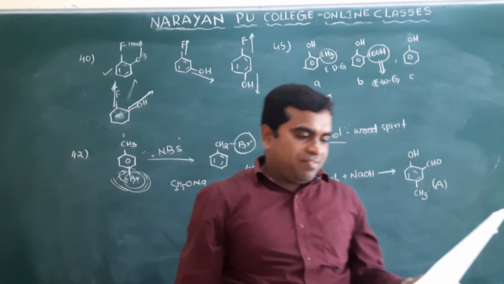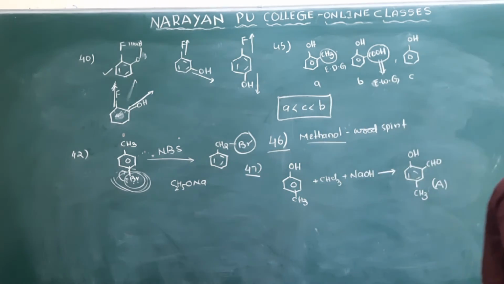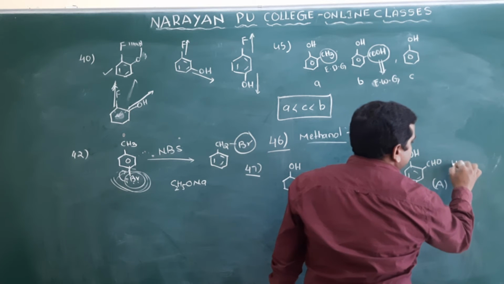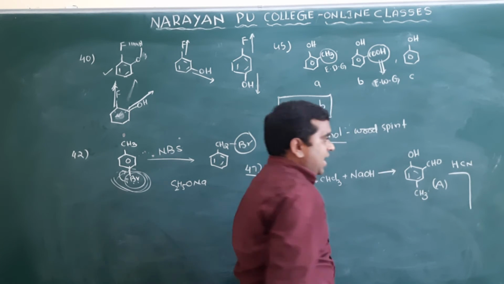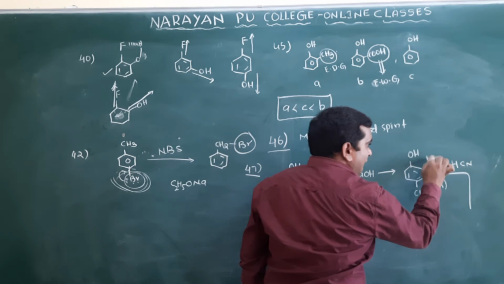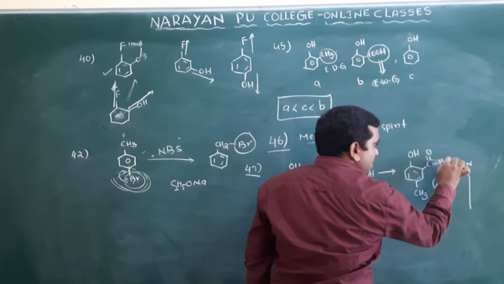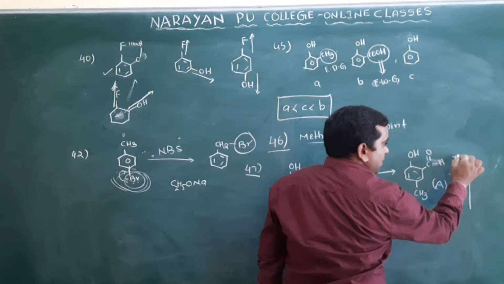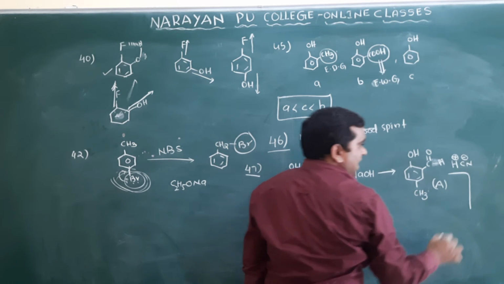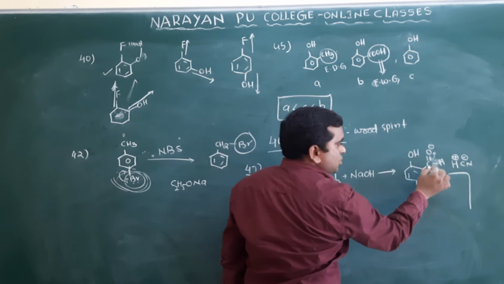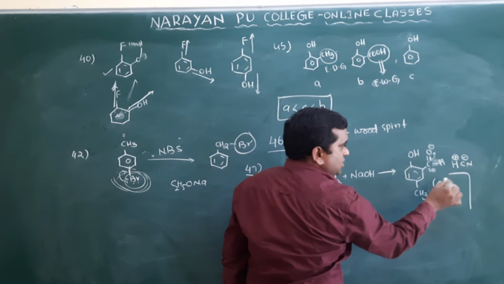Now compound A adds hydrogen cyanide to form compound B. To this we are adding HCN. Which group is there? Aldehyde. This is my aldehyde, C double bond O H. When we add H plus and CN minus, oxygen is more electronegative, so oxygen gets a negative charge and carbon gets a positive charge.